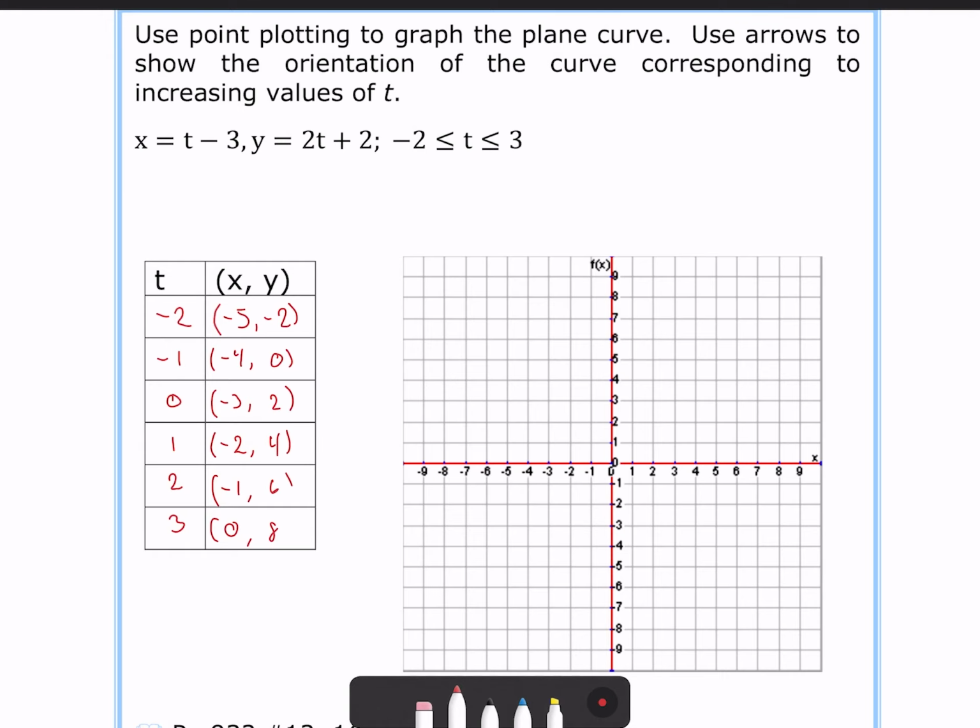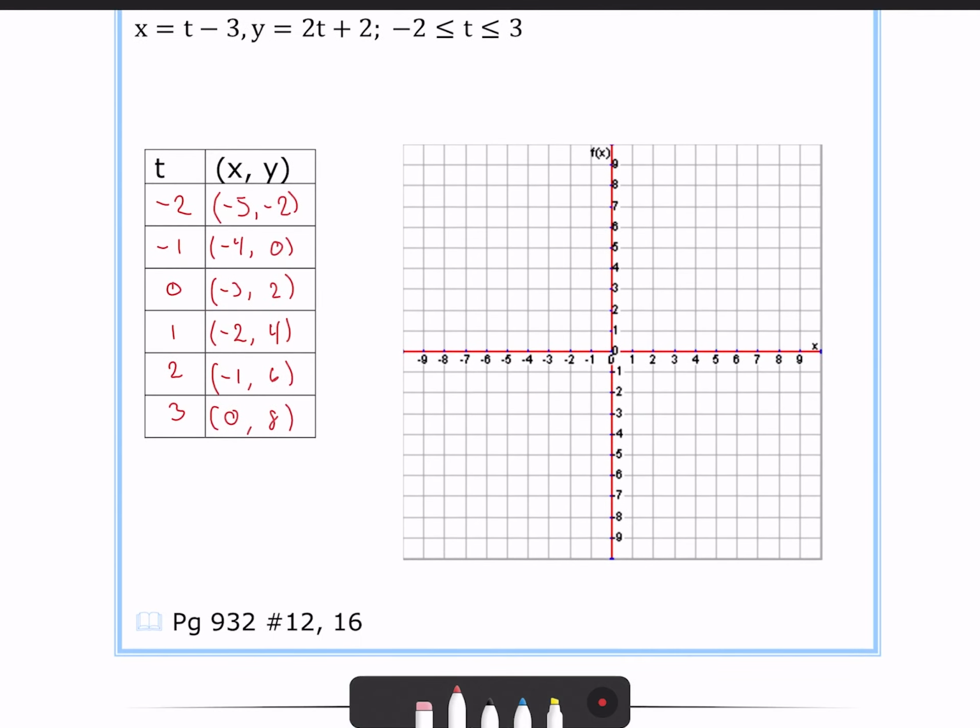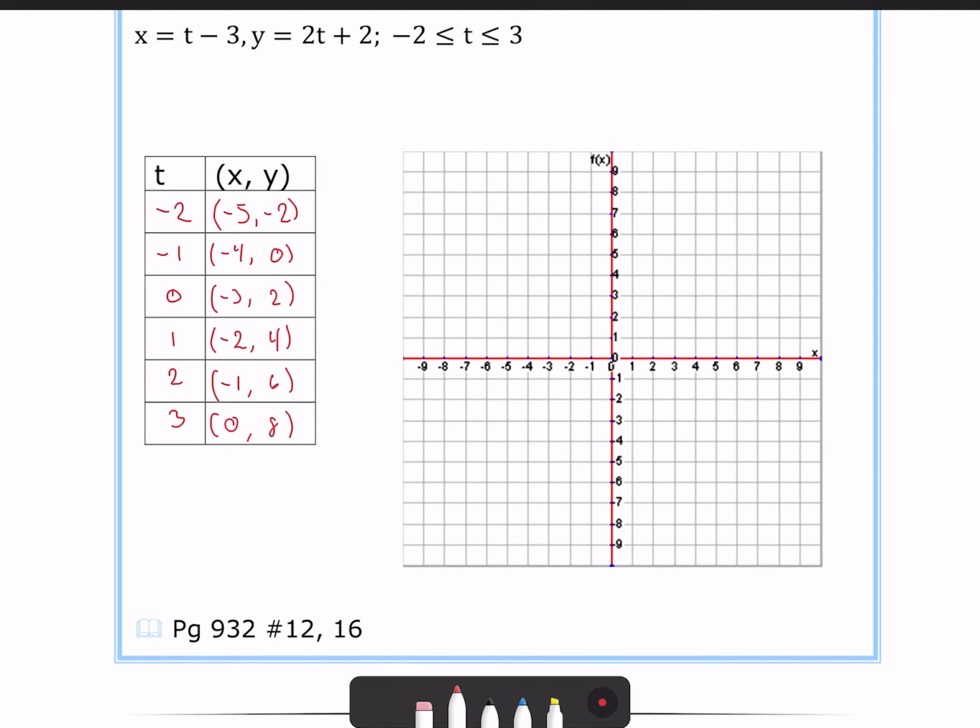Now that we've generated our ordered pairs, let's plot these points, keeping track of the order in which we plot them. Let's start with -5, -2.